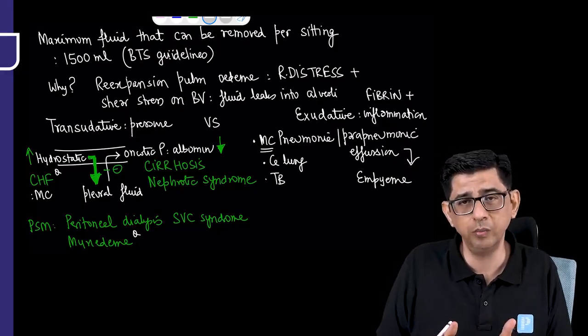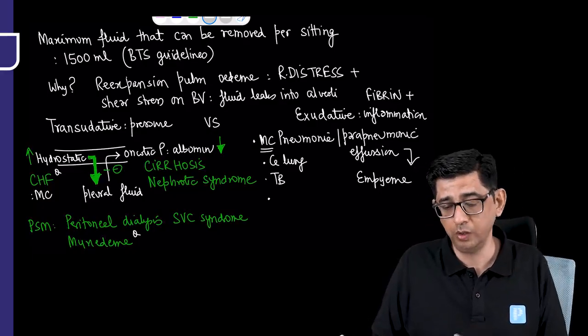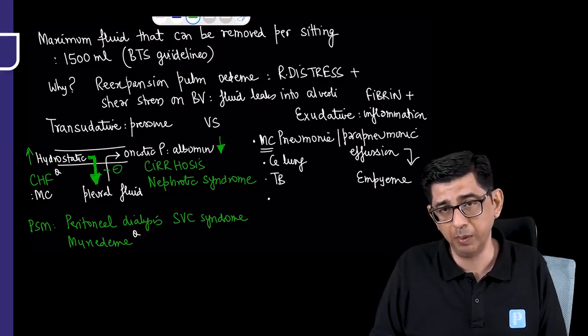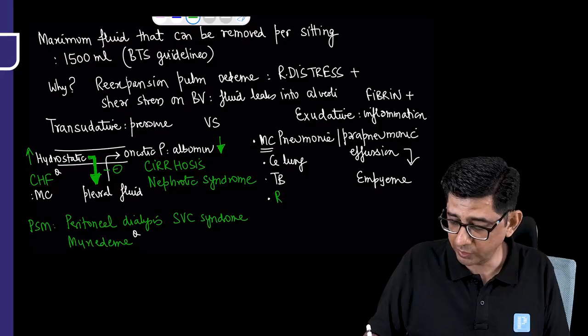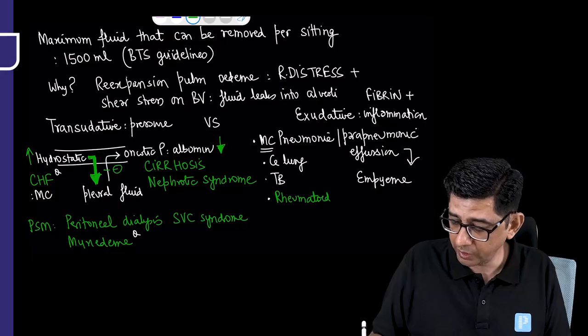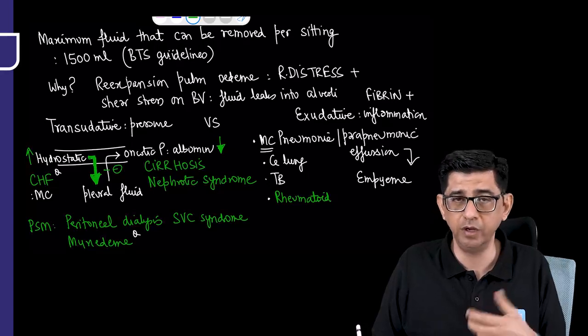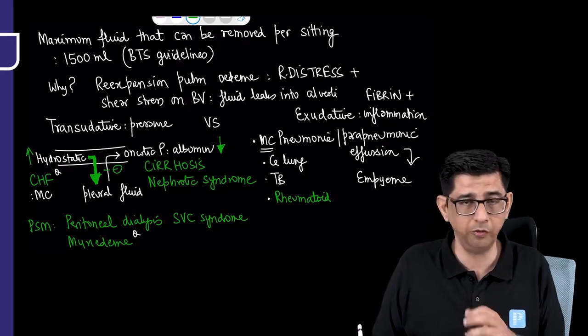It may not be a bacterial pneumonia, it can be viral pneumonia as well. The important entries to be remembered on the right hand side, I'll use a different color pen to remember that, would be one, rheumatoid arthritis. Please do not mix this with rheumatic arthritis. Rheumatic is with rheumatic fever, where there's a child who will have recurrent sore throats with group A beta hemolytic streptococcus.